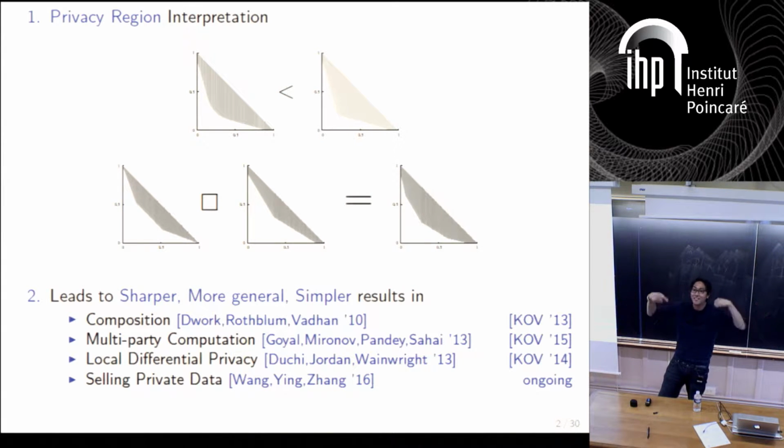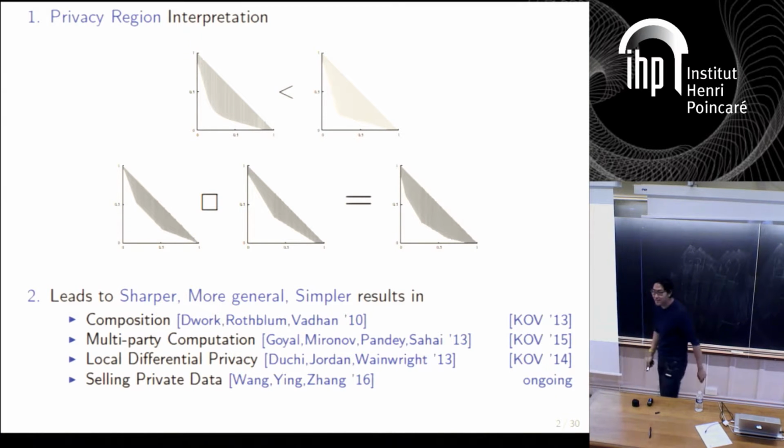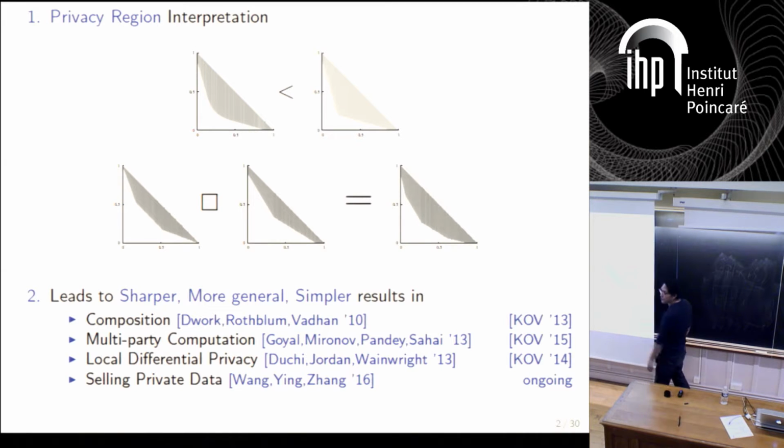You access it twice. Now it's less private than either one of them, but how much, and how can we formally talk about this? And we give a computational tool for composing, not just two, but as many privacy mechanisms as you want, and give a formal computational tool for outputting the resulting privacy guarantee using the representation that we propose.